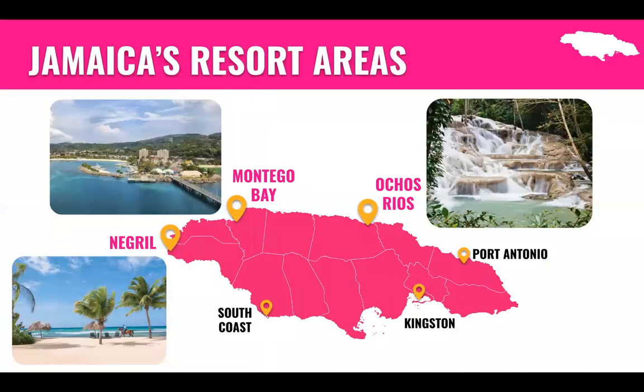The island is divided into 6 main resort and tourism areas. I will highlight the 3 main ones highlighted in pink here, which are the 3 major Canadian destinations in Jamaica. First, I'd like to highlight Montego Bay, which is located on the west coast of the island.